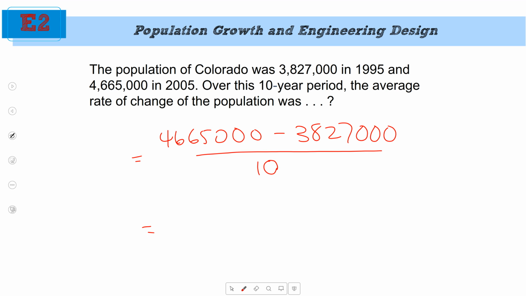Does anybody not know? Okay, good talk. 4665000 minus 3827000 divided by 10 equals math, enter, enter. Puts it into a fraction form of what? Phil? 838,000.